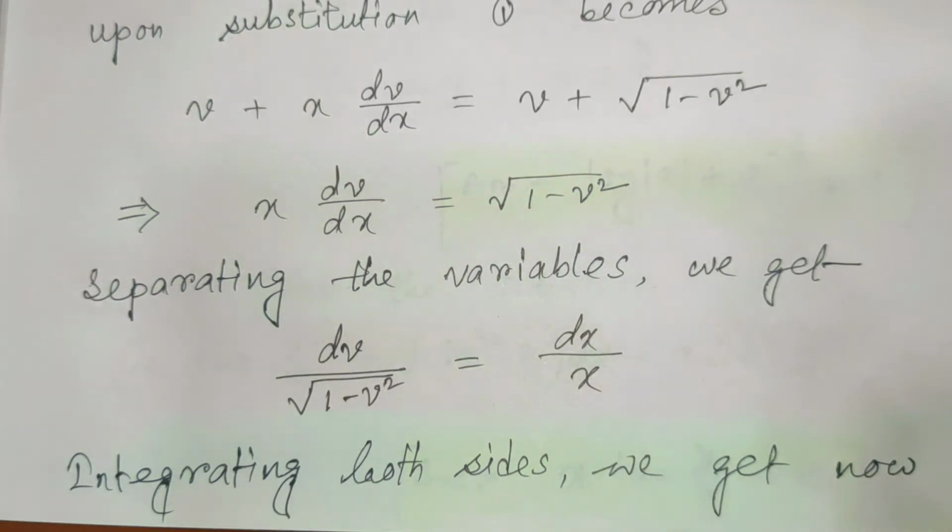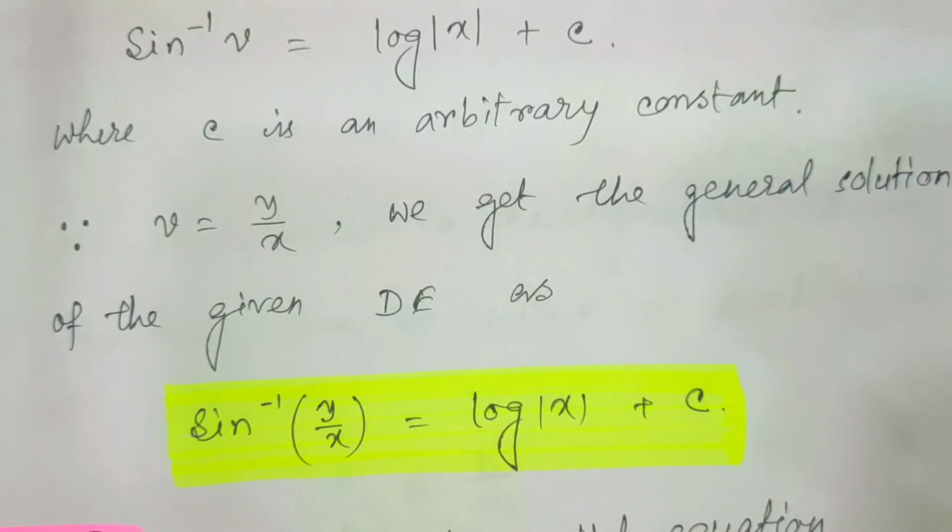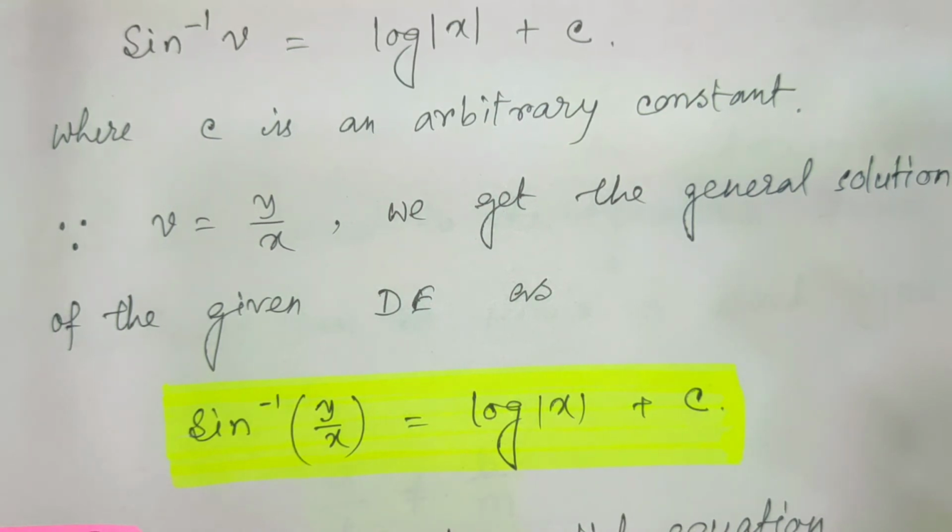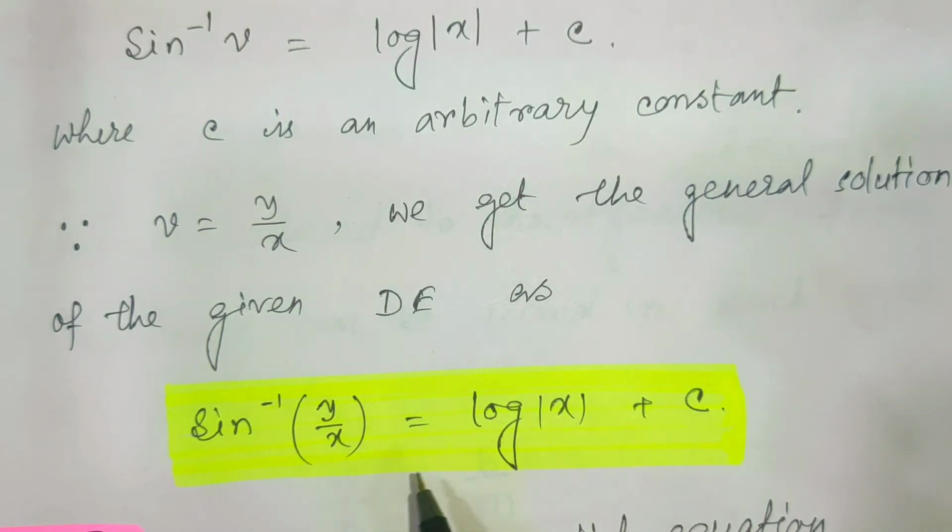Now integrating on both sides, we get sin inverse v is equal to log x plus c, where c is the arbitrary constant. And if we substitute v for y by x, then we find the general solution as sin inverse y by x is equal to log x plus c.